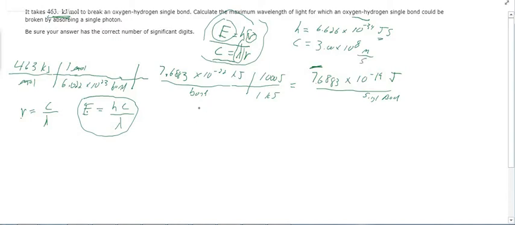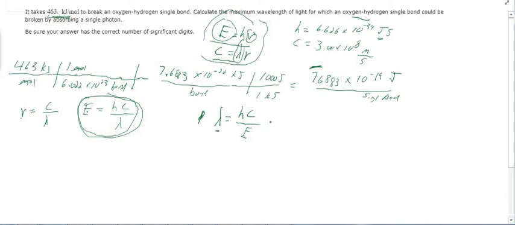Now I'm going to rearrange this equation: lambda equals hc divided by the energy. I rearranged this equation because I want to figure out the wavelength.